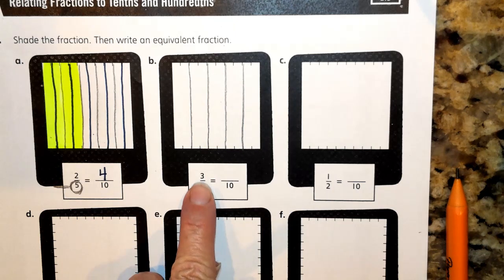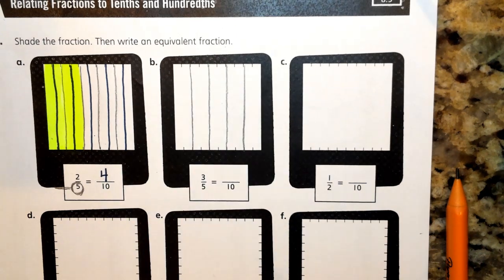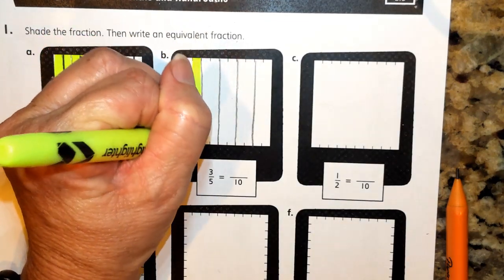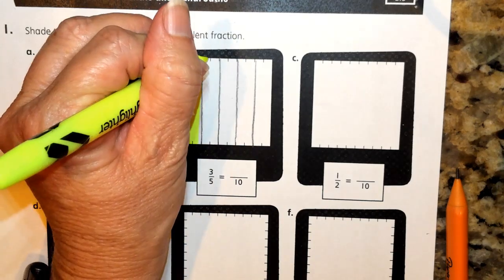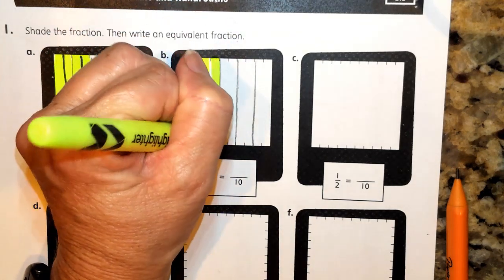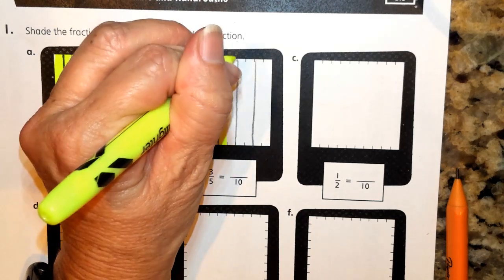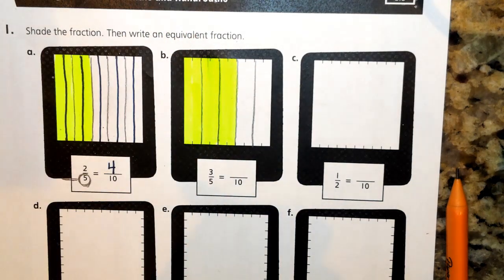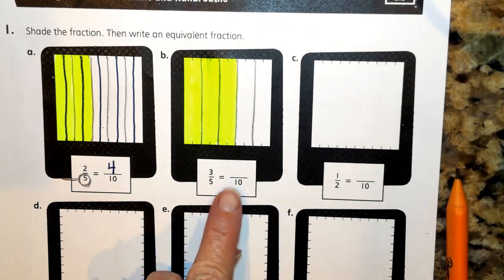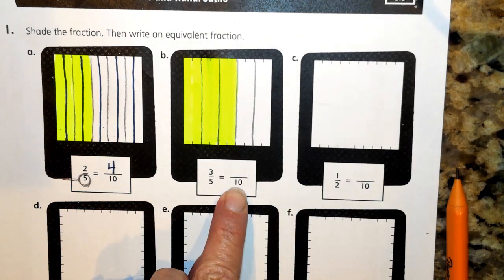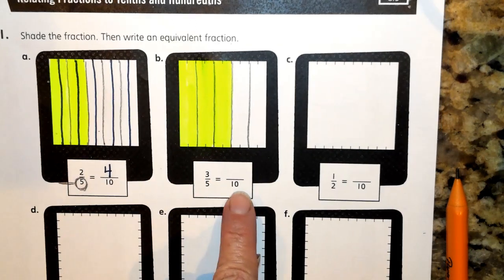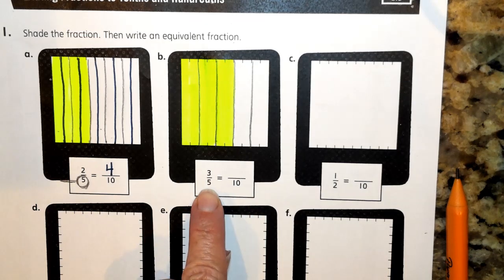This time my numerator is 3, so I want 3/5 shaded. I'm going to take my highlighter here and shade in 3 of the 5 pieces. So there's 1, 2, and 3. And now I'm going to relate that to the tenths place. Now that my denominator is 10, I need to go from fifths to tenths.